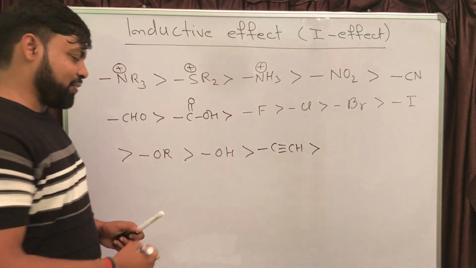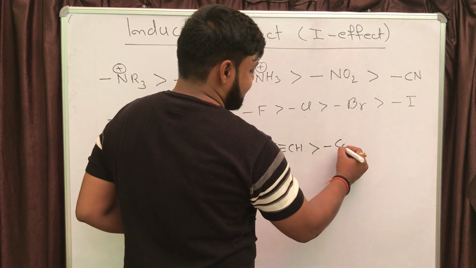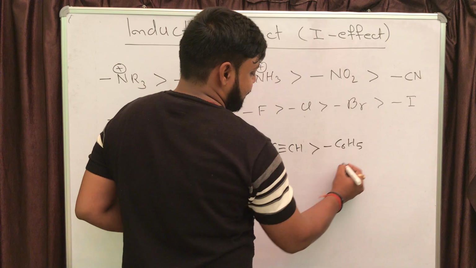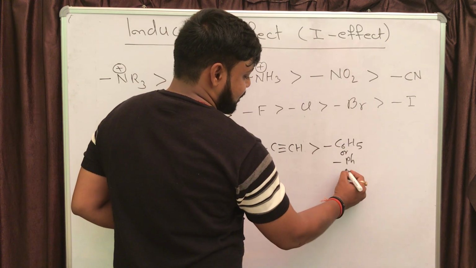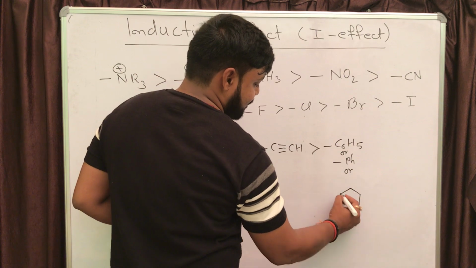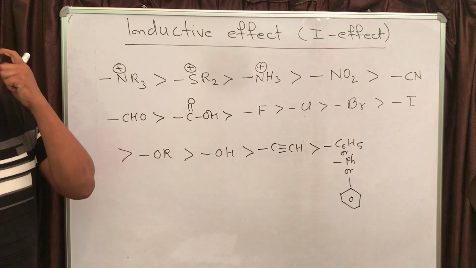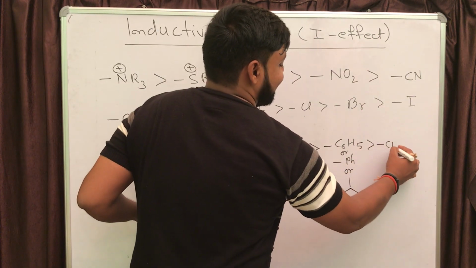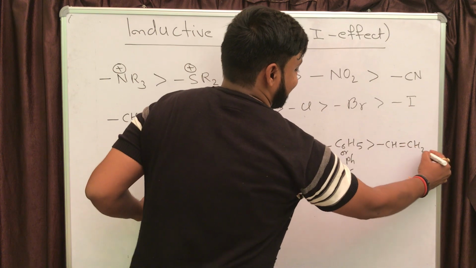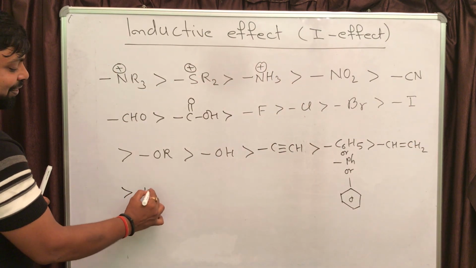Next is phenyl group, benzene, C6H5. Sometimes it is represented by Ph, or sometimes it is simply a benzene ring with one valency free, right? Next is alkene, and the next one is hydrogen.